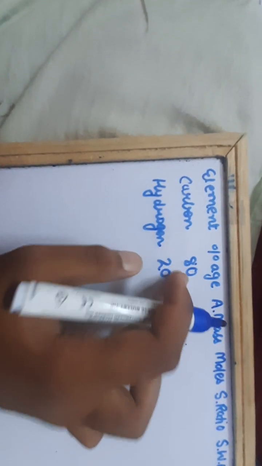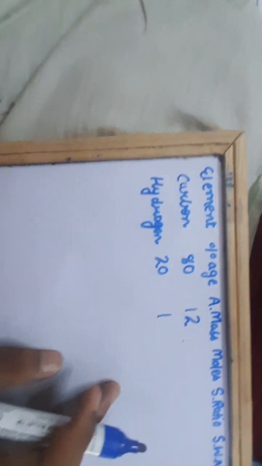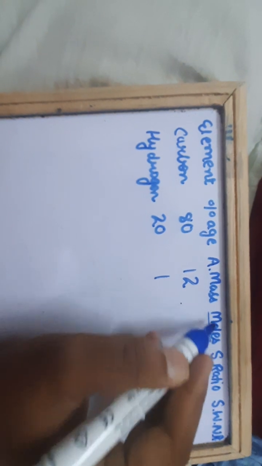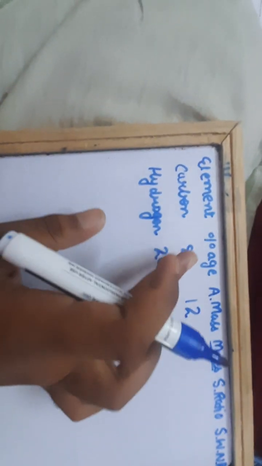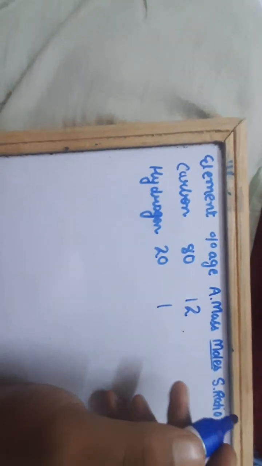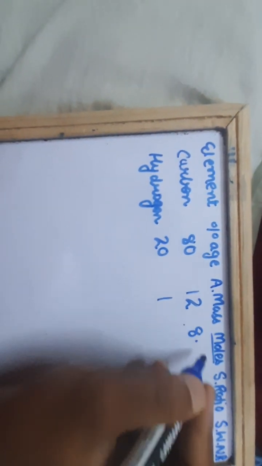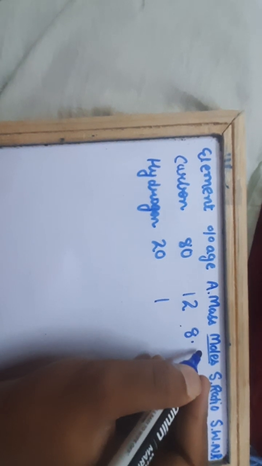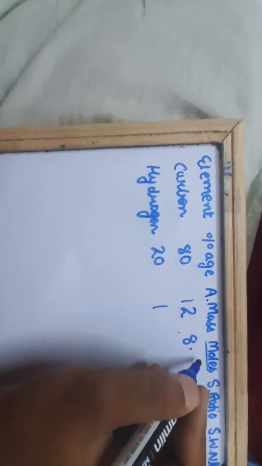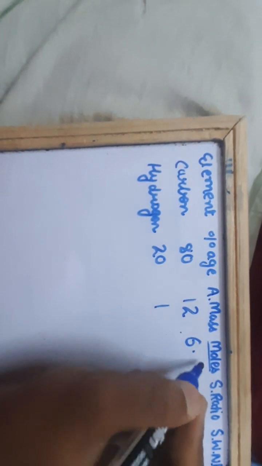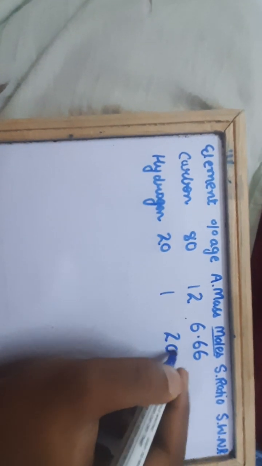If we divide the given percentage by the atomic mass, then we get the moles. So 80 by 12 gives us 6.66, and here it will be 20.